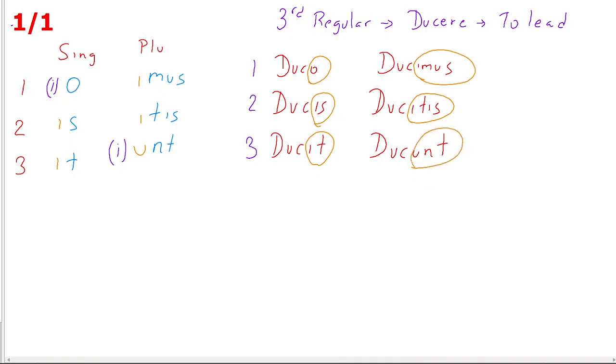So what we have done here is, we have taken the word ducere, removed the ending ERE and substituted O in the first person, is in the second person singular, it in the third person singular, imus in the first person plural, itis in the second person plural, and unt in the third person plural.